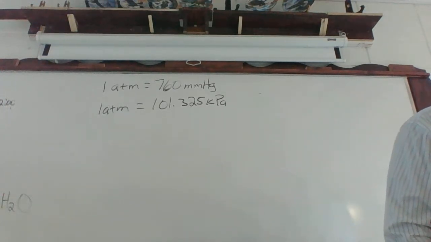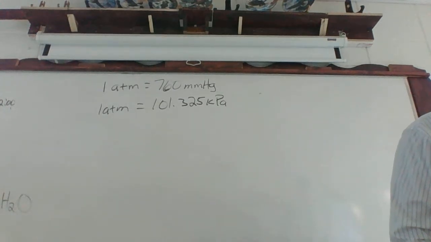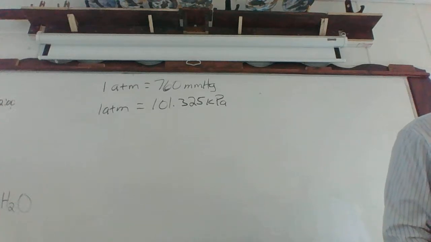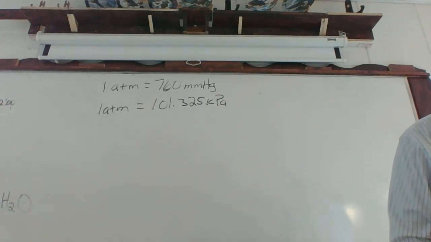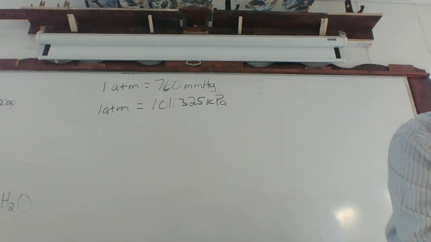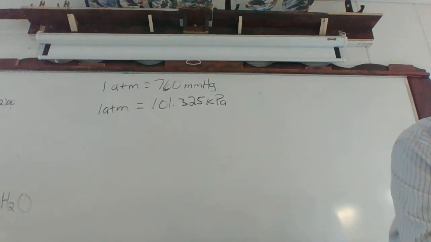Anyway, on page 365 there are some sample problems. You can read the sample problem on your own, but the practice problem on page 365 asks: convert a pressure of 1.75 atmospheres to kilopascals and to millimeters of mercury.